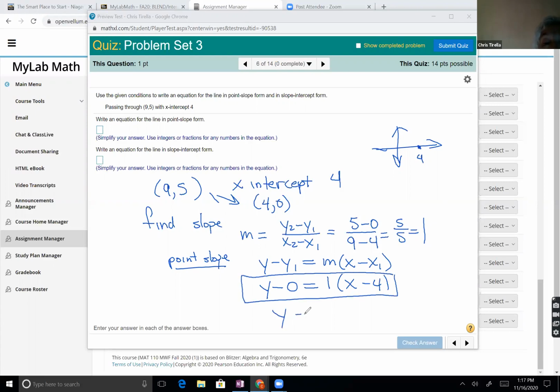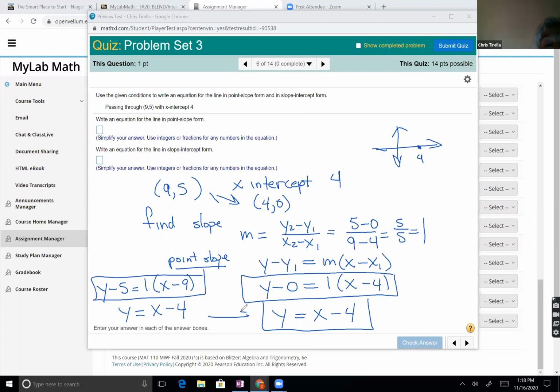And then solving for y, I would get y equals x minus 4, slope intercept form. Point slope form could also be y minus 5 is equal to 1 times x minus 9. And when clearing that up, we would still get that y equals x minus 4. So either one should be acceptable.